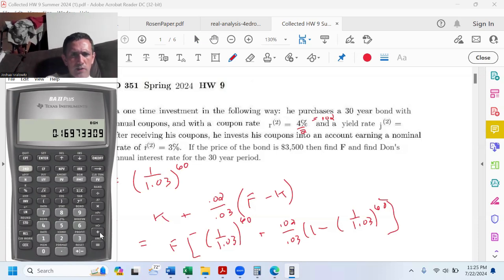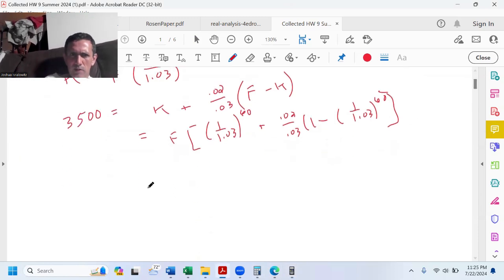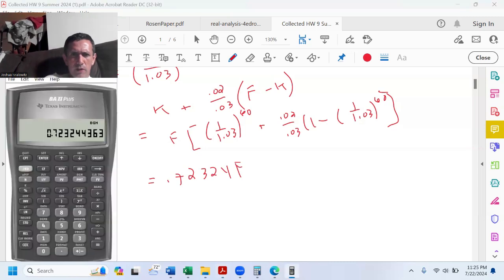So you take this plus 0.02 over 0.03 times 1 minus recall 1. All right, so easy peasy. 0.7234F. So do 1 over this times 3,500.